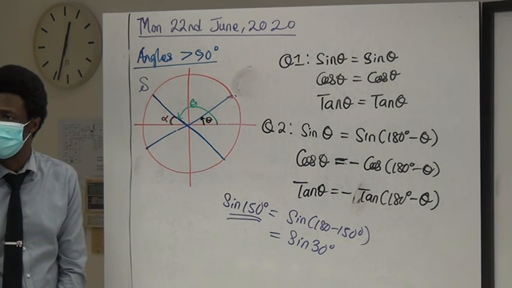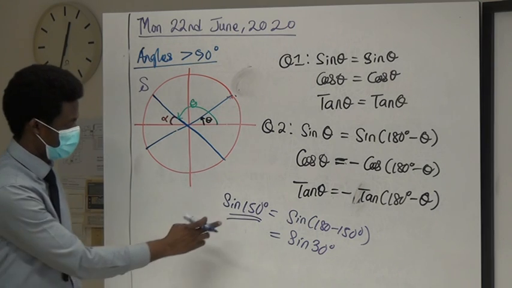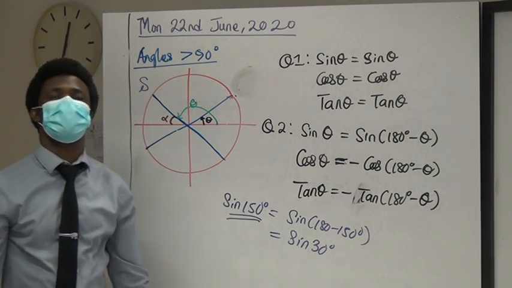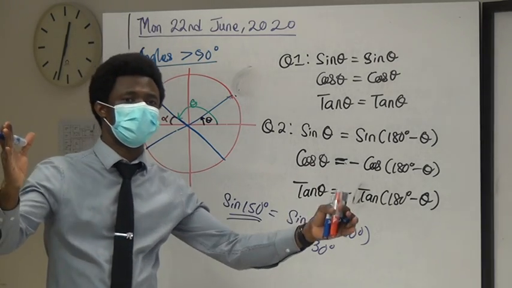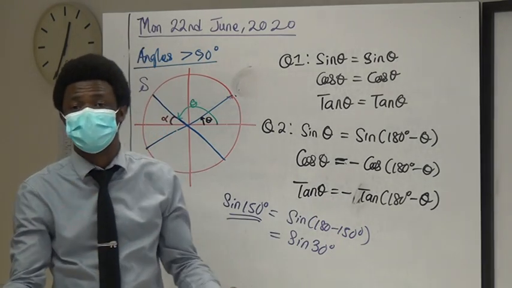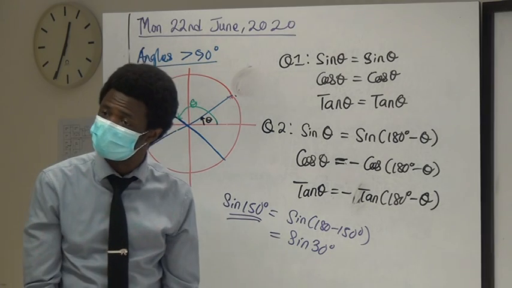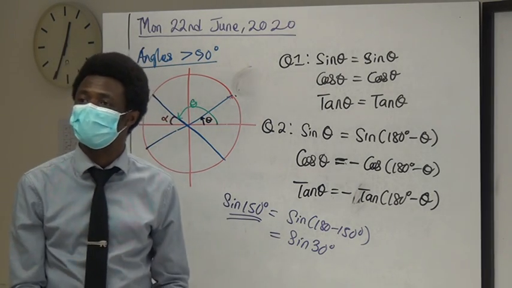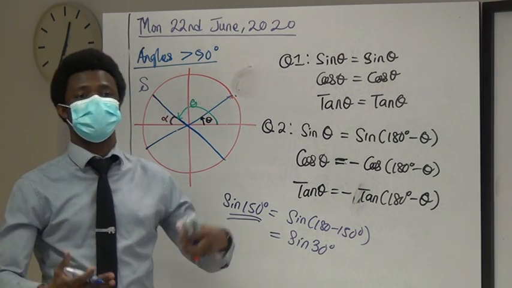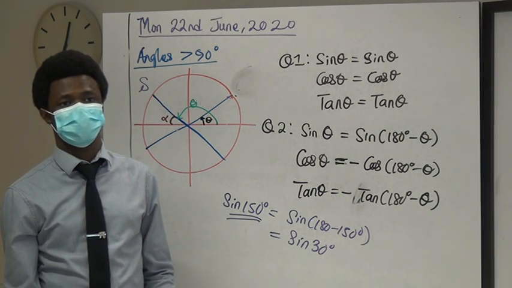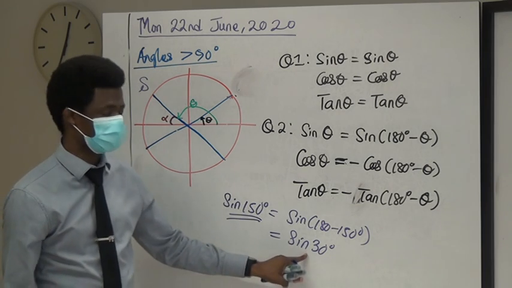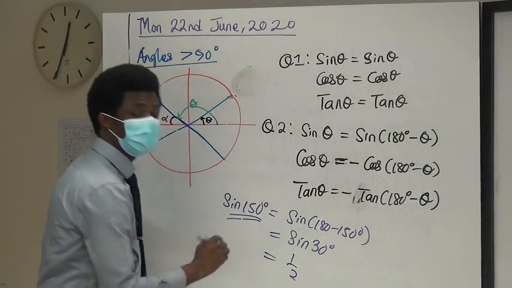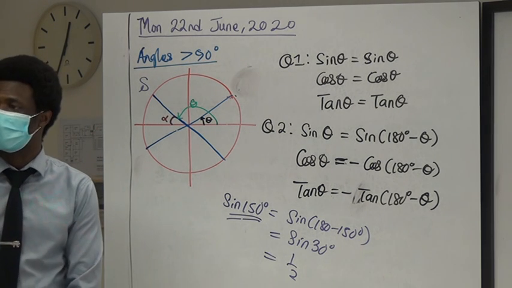No need for minus. So if somebody asks you what is the value of sine 150, in your head, 150 is within 90 and 180, second quadrant, where sine is still positive. So the answer is still positive. And the acute equivalence of that is 180 minus that angle. Do you understand that? And sine 30 is half, which means sine 150 is also half. Check in your calculator quickly.